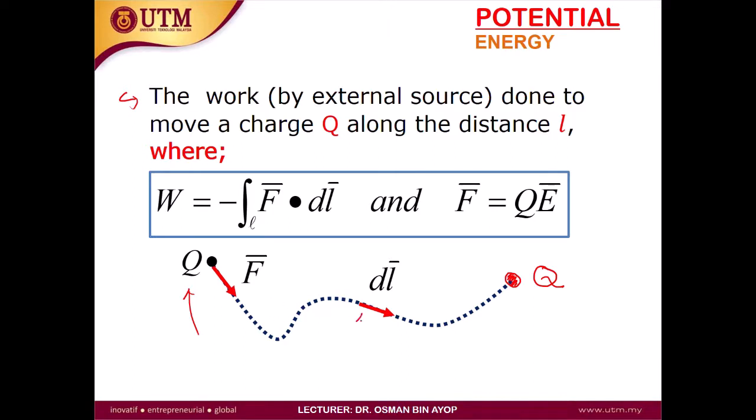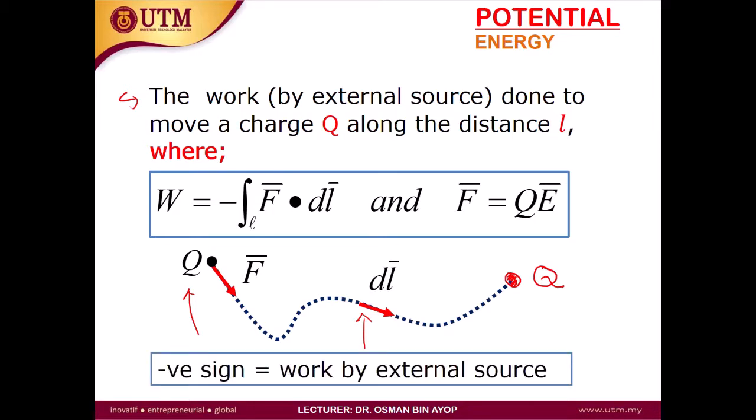Let's say this is a dl. And we know that the force is equal to the charge multiplied by the electric field. We use the negative sign in our analysis because the work is done by an external source.